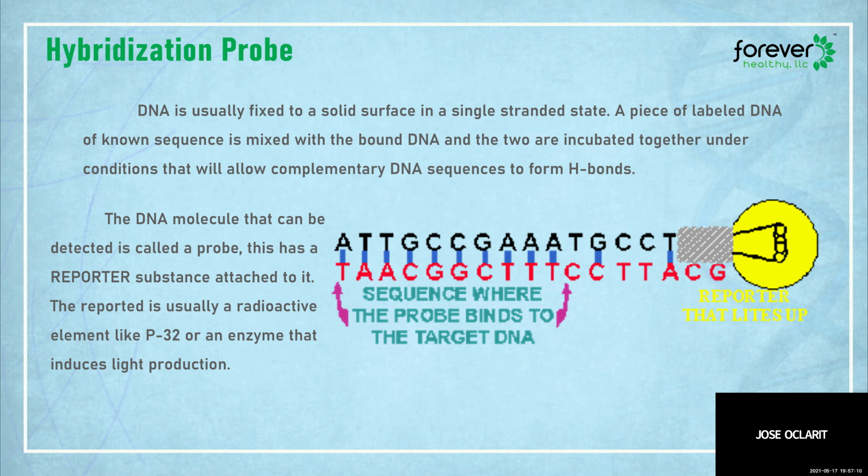Therefore, the probe will report whether it is present or absent. Because if the DNA will now hybridize because of pairing, then using the probe, you can identify whether the DNA of interest that you want to find out is present or not.